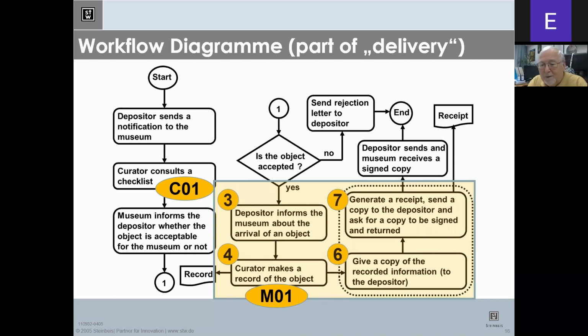So museum needs a copy. Then 6 is give a copy to the recorded information repository, and then send it and ask to get it back. And then if the receipt is got back to the museums, then we have the end of the workflow. We could have here another cycle where we could write end. That is the end of the delivery process.